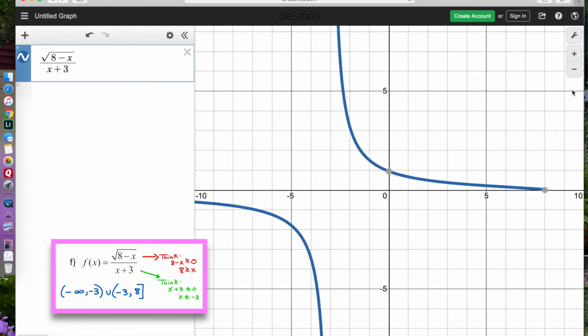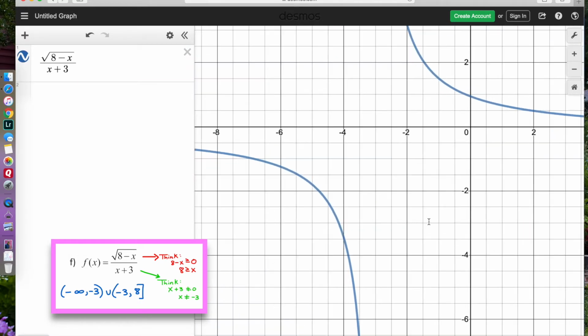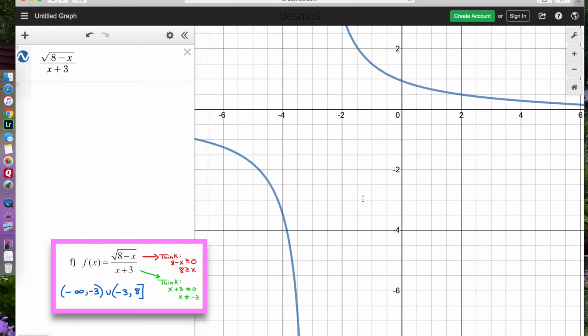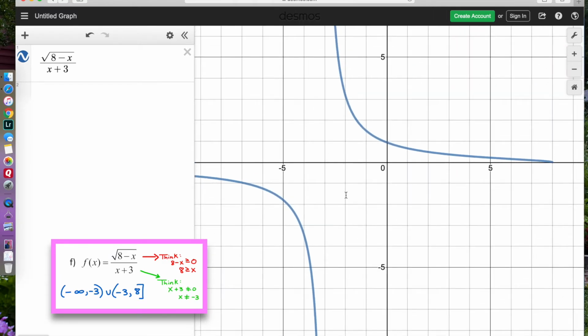Let me see if I can get more of this in the picture. So it looks to me like I have an asymptote right about here, and that the graph ends entirely there at x equals 8. So this part of the graph, the fact that it ends at x equals 8, is reflected in the numerator of the fraction.